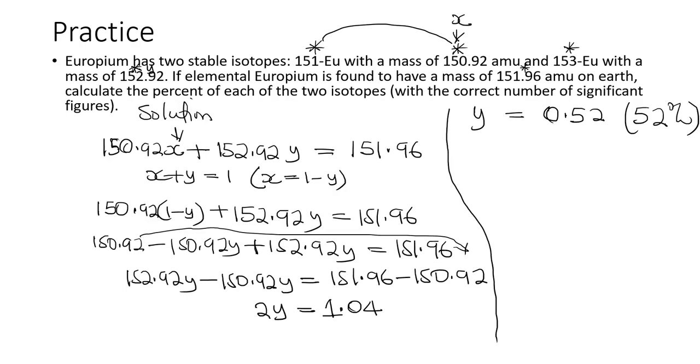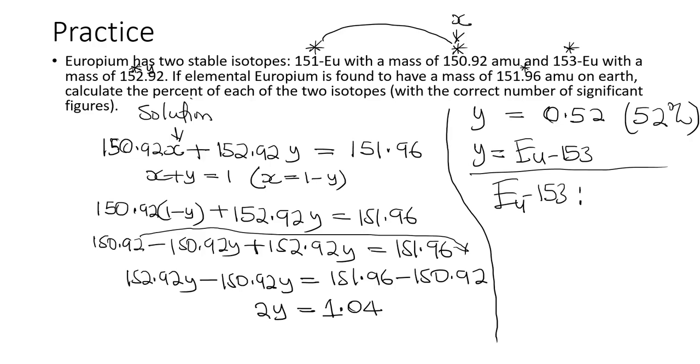So what is our y? Y is Eu153. So here we can say Eu153 is present with an abundance of 52%.